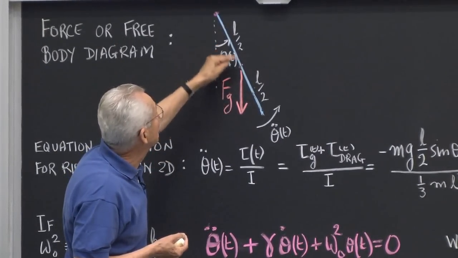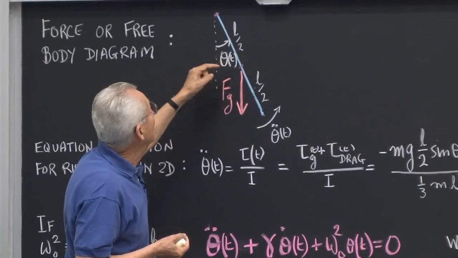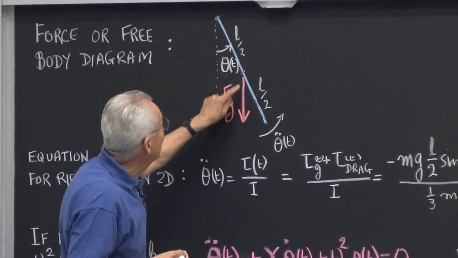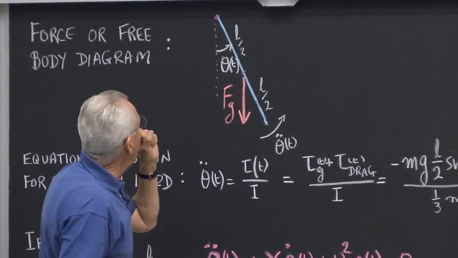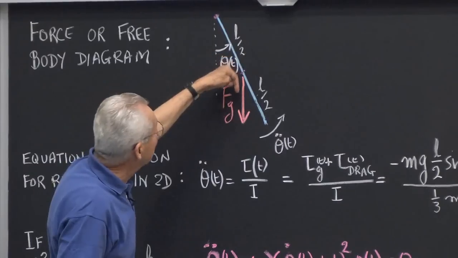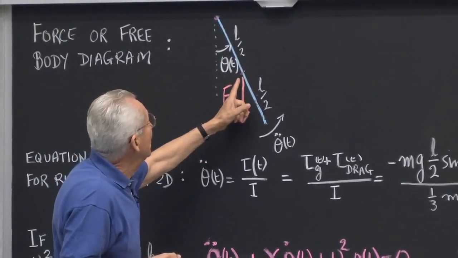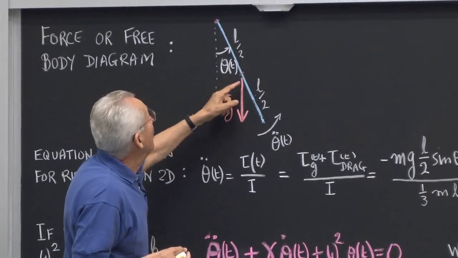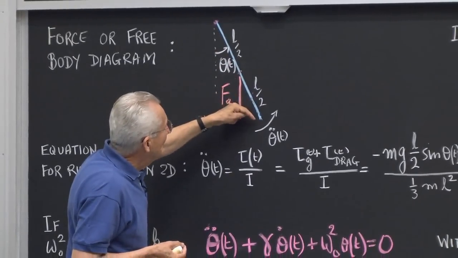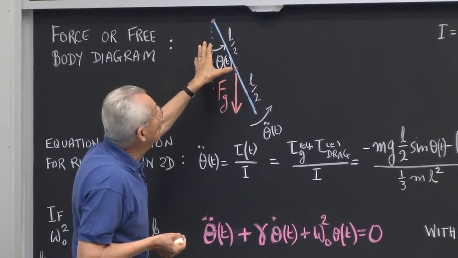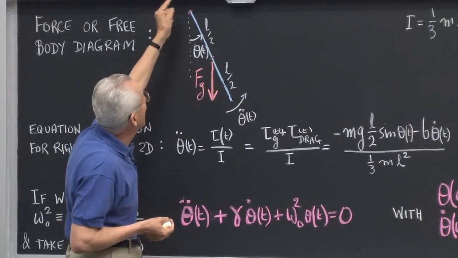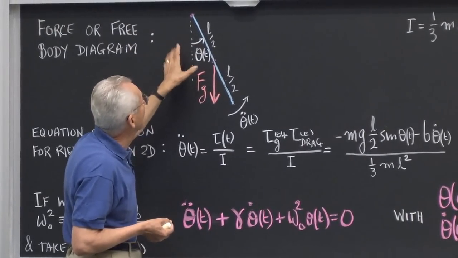So there will be an mg force acting downwards there, where M is the mass of the rod. This force applied to this rigid body will exert a torque. In this case, it will be a clockwise, a negative torque.